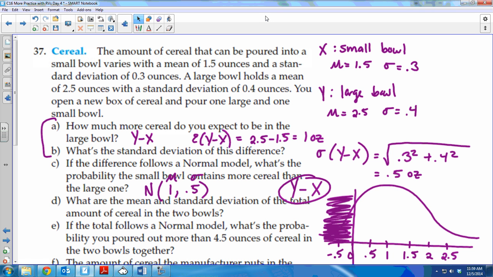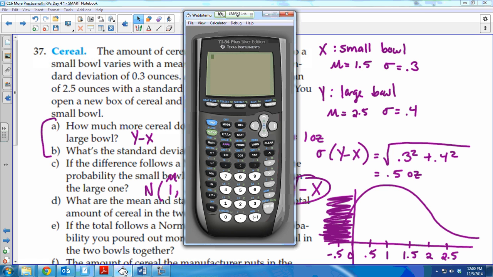So we've been using y minus x on A and B. So when x becomes the same as y, you get 0. When x becomes larger than y, we get negatives, right? What numbers do we use to get to the normal model? No, we're not graphing it. We're trying to find the area under the curve.